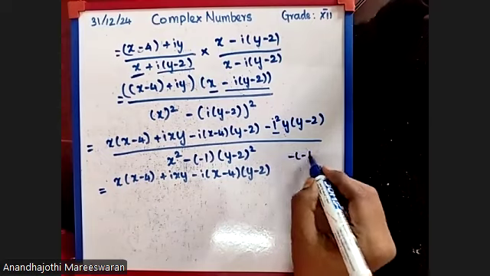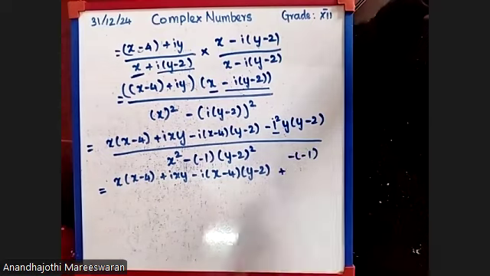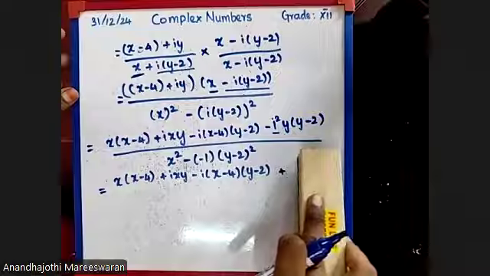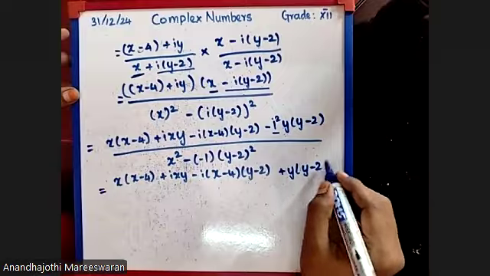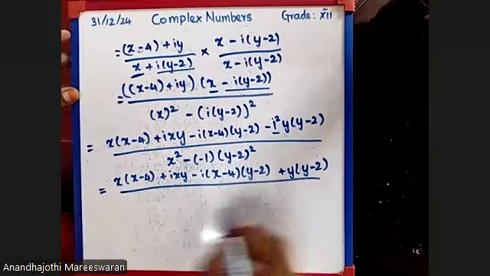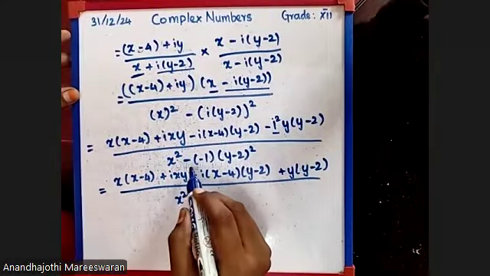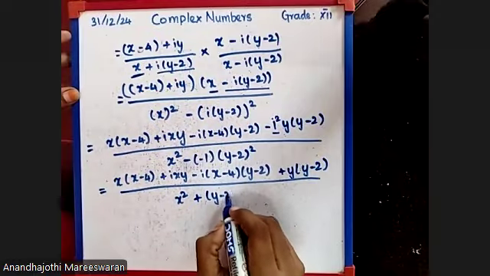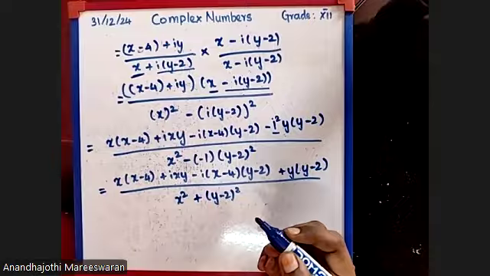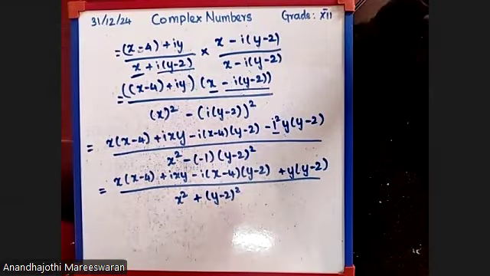So minus of minus 1 will be plus, so plus y multiplied by y minus 2, divided by x squared. Minus of minus 1 will be plus y minus 2 the whole square, right? What I am going to do now is separate the real part and the imaginary part.